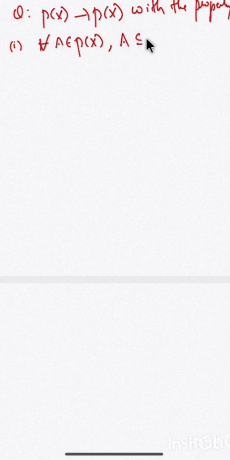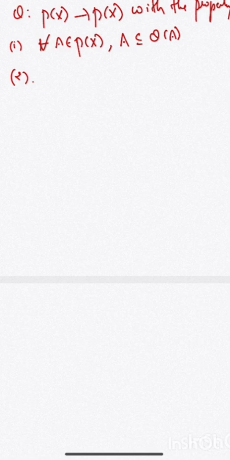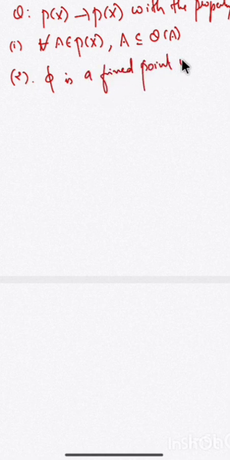A will be contained in theta of A. And the second property is theta of phi is contained in phi. That means phi is a fixed point of theta. The empty set phi is a fixed point of theta.